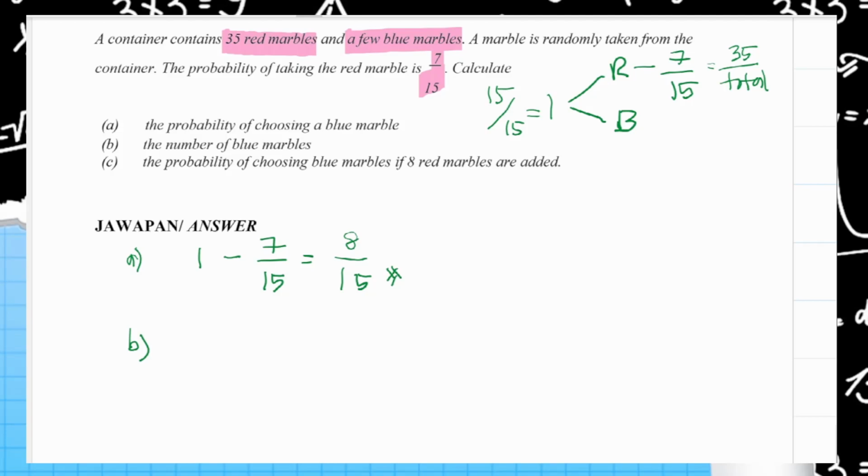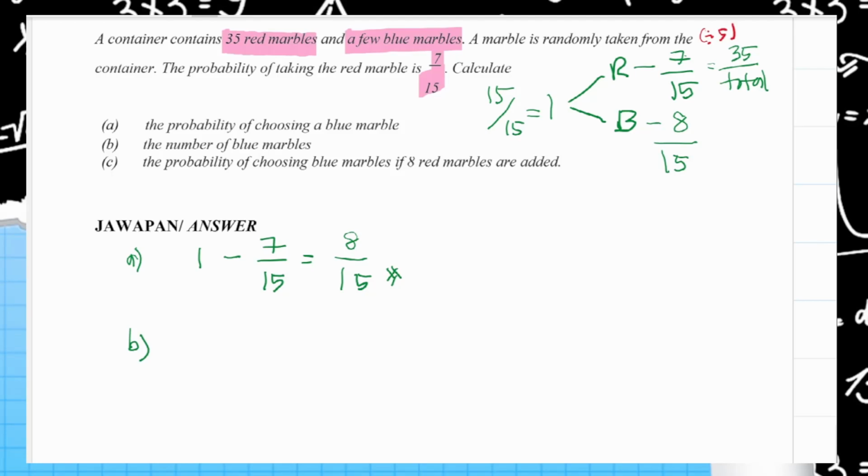Alright, so if you see here, for your blue, from question A we get 8/15, right? So if you see, from 35 simplify to 7, here what happened? 35 is divided by 5, right?